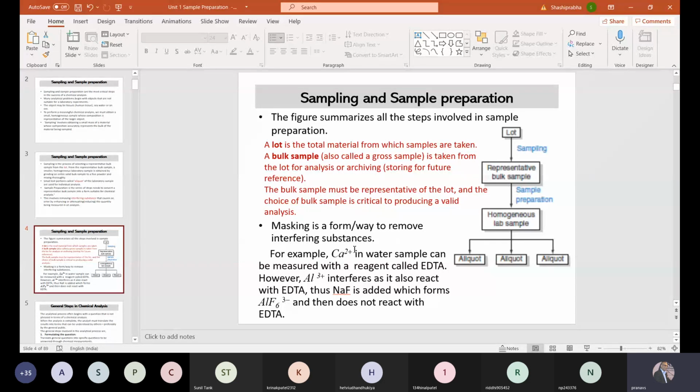Now, if you just look at this example here, we have determined calcium and magnesium in water. There was an experiment using EDTA, a simple EDTA titration. Now, this is the gap between what we work with as far as theory is concerned and as far as practical is concerned.